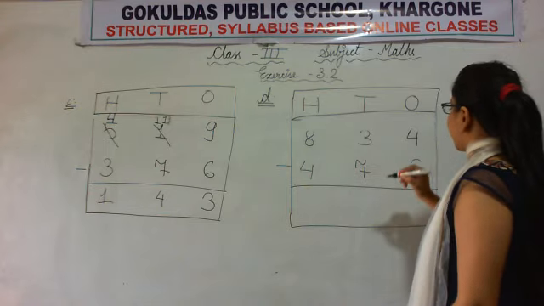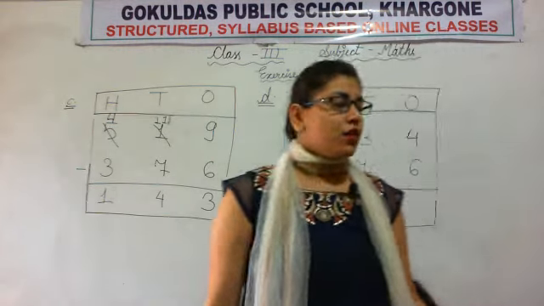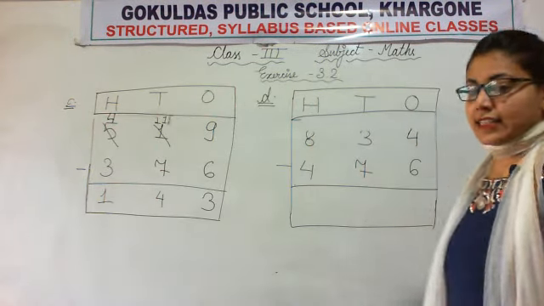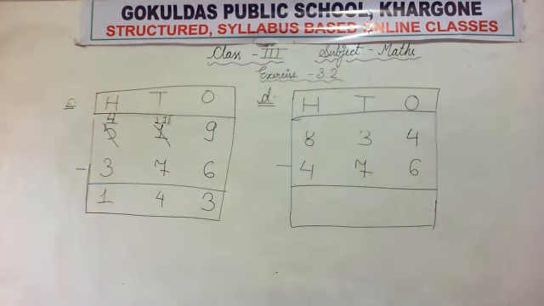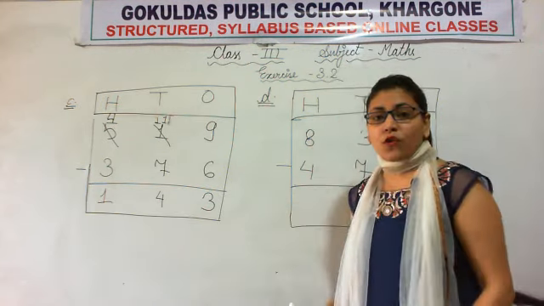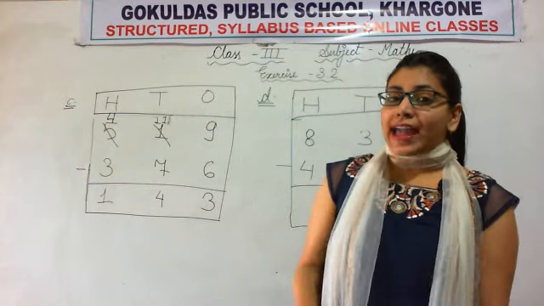Now starting from the ones. 4 minus 6. Can we remove 6 from 4? No. Why?